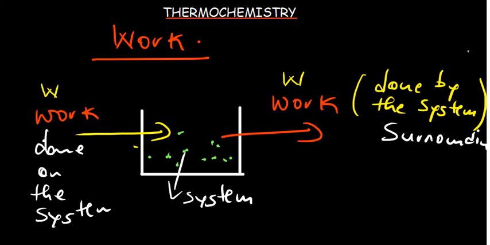It is positive when work is done on the system, and it's negative when work is done by the system. So this is very easy to tell, right? Whenever things are moving out, or whenever the system is doing work, it's losing energy.